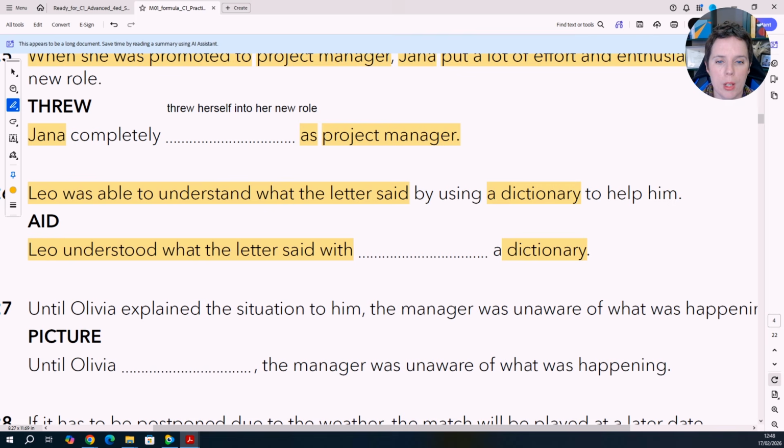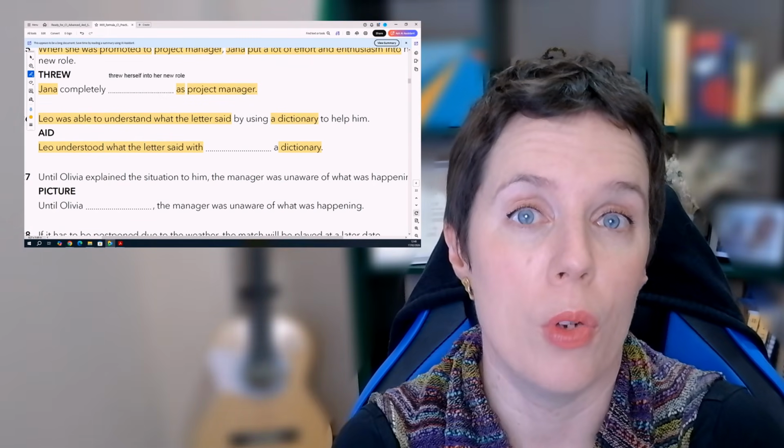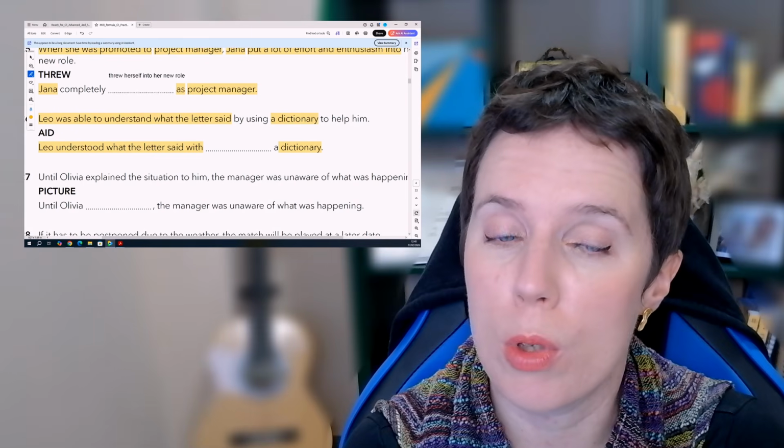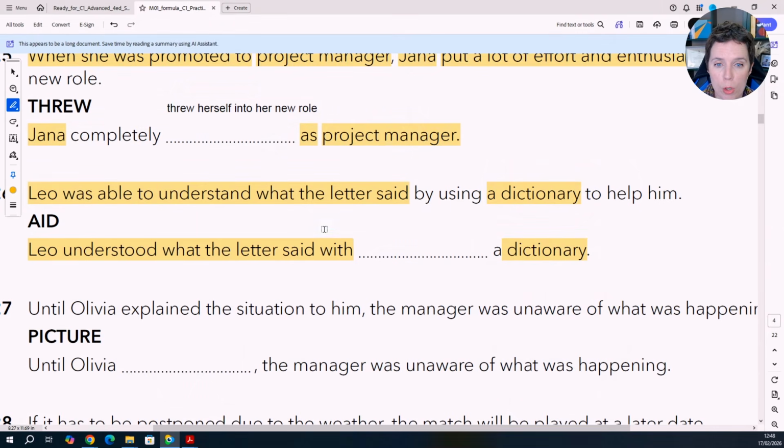So it's actually going to replace both, kind of. Aid is a synonym for help, okay? But because we've got the word with here, that tells you you're probably going to need a noun afterwards, because we don't tend to put with and then a verb. We normally put with and a noun. So that basically tells you aid is now going to be a noun instead of a verb.